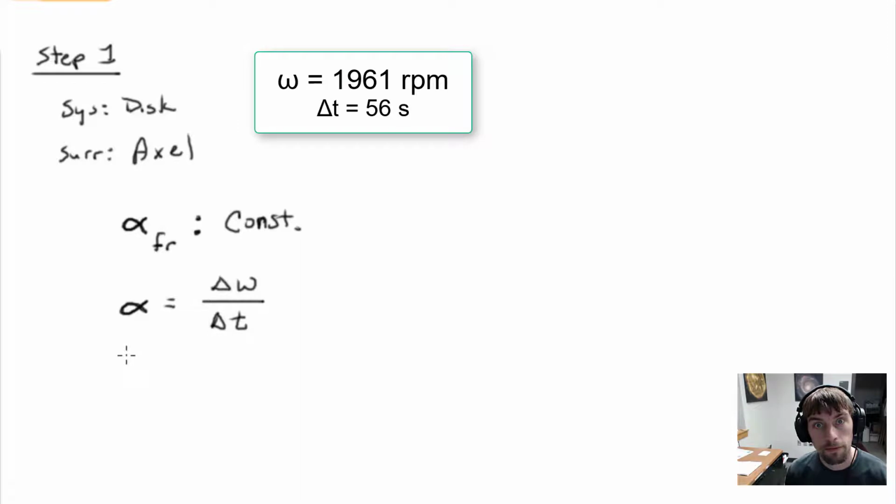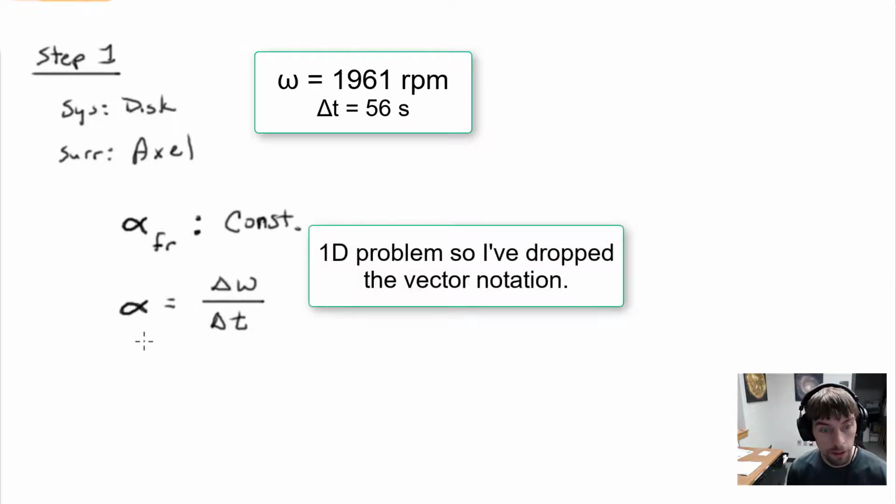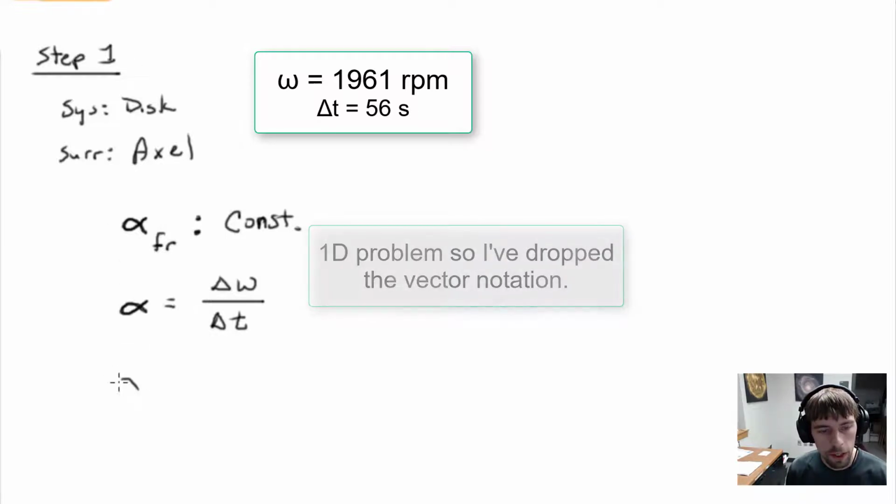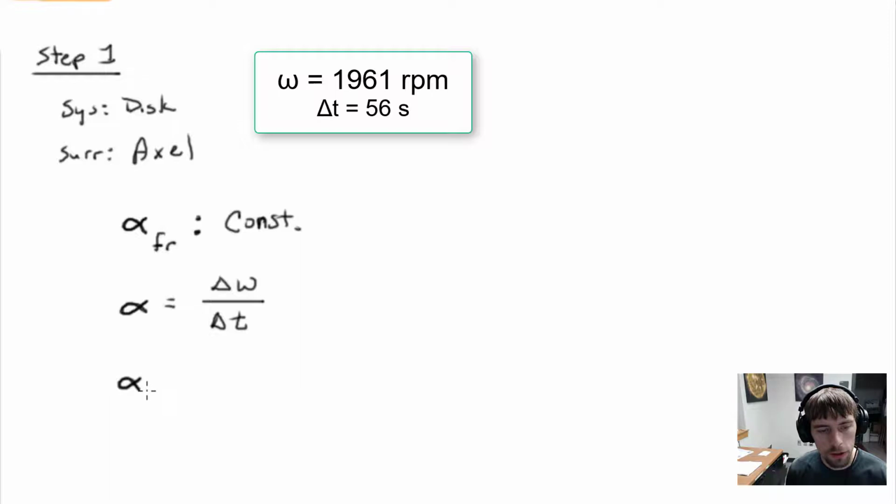Right? And we're good. Now we have this little thing about RPM, but for example, you could say, well, the angular acceleration due to the frictional force, phi, is equal to, well, we have 0, right? That's the final angular speed, this 1961.